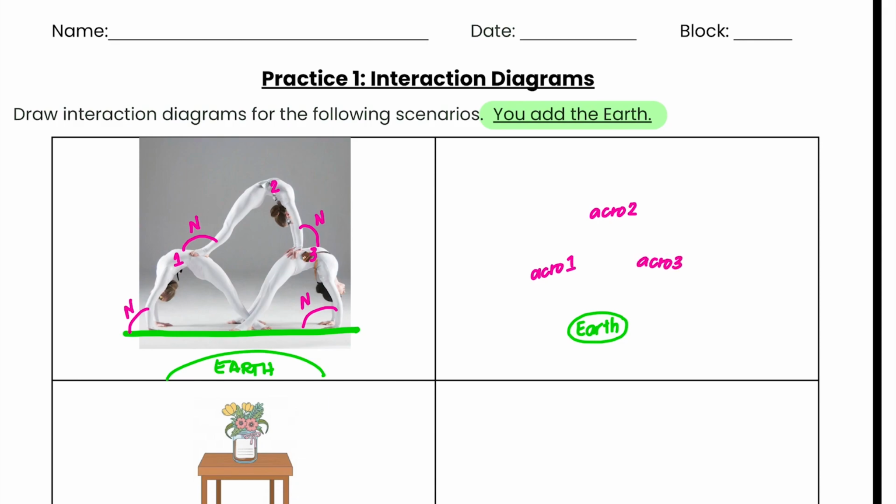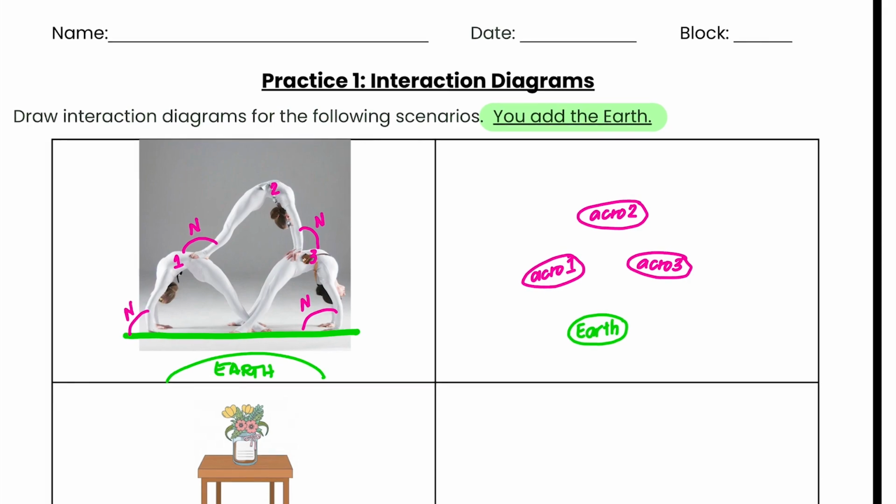Each object needs to be in its own bubble. You can also include the floor if you'd like. All right, so there's the floor.